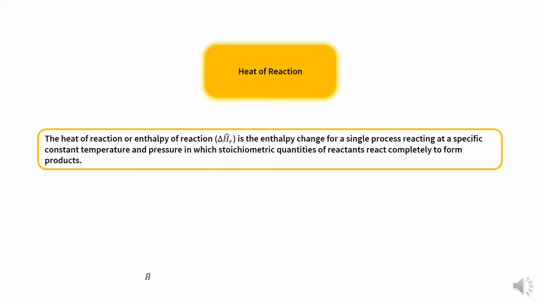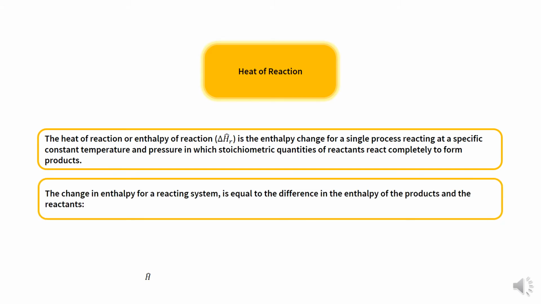In more detail, the heat of reaction, or enthalpy of reaction, is the enthalpy change for a single process reacting at a specific constant temperature and pressure, in which stoichiometric quantities of reactants react completely to form products. The change in enthalpy for a reacting system is equal to the difference in the enthalpy of the products and the reactants.